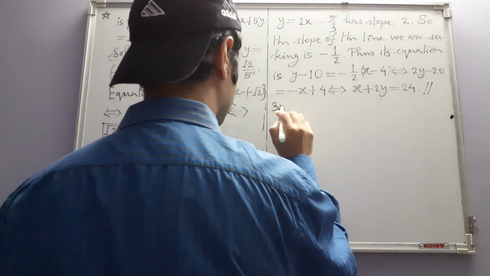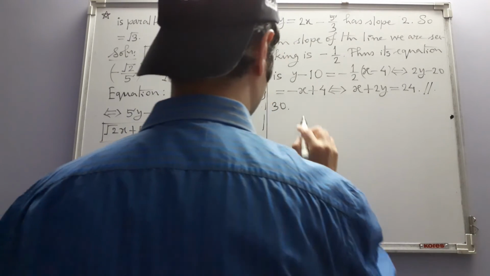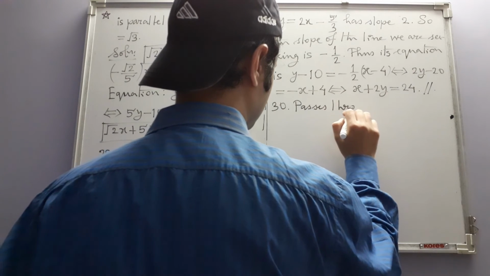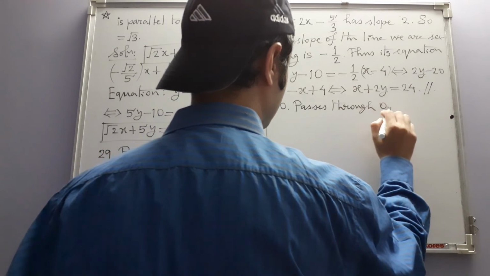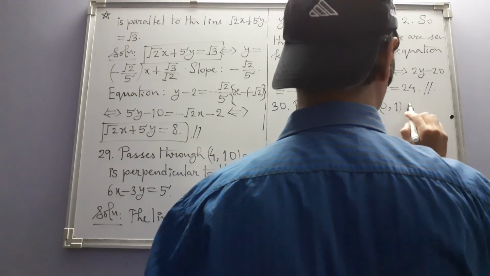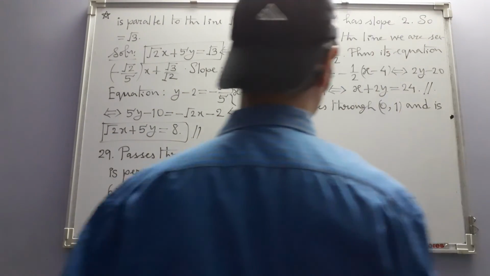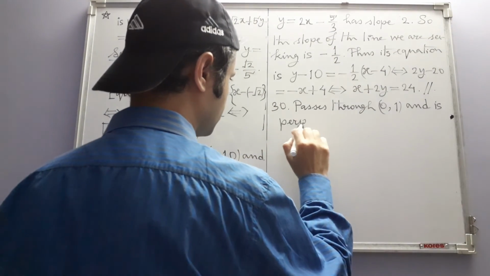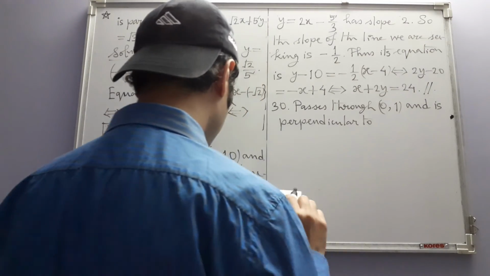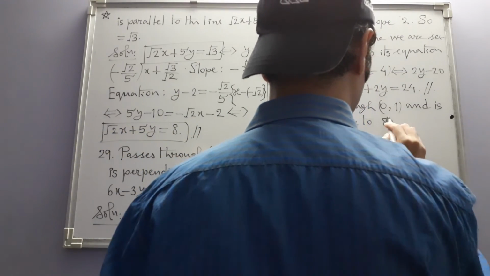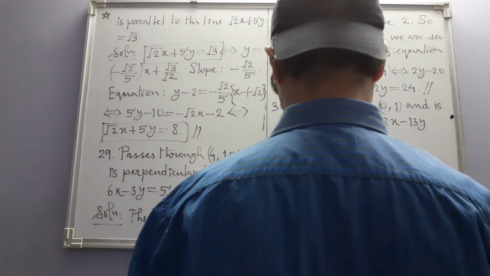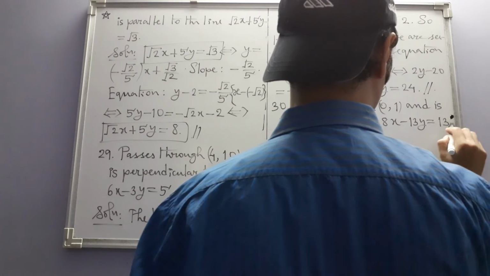And finally 30 passes through 0, 1 and is perpendicular to this line, 8x minus 13y equal to 13.